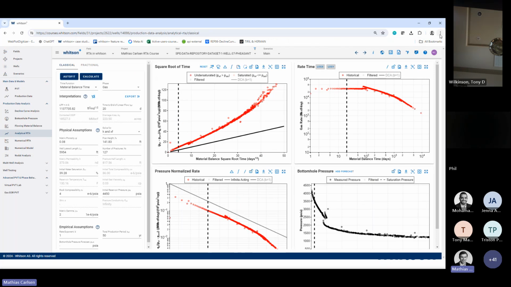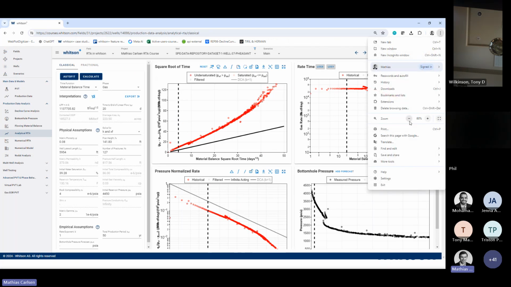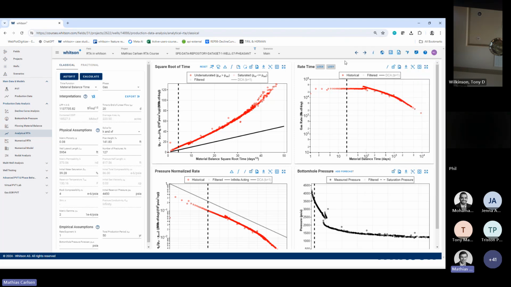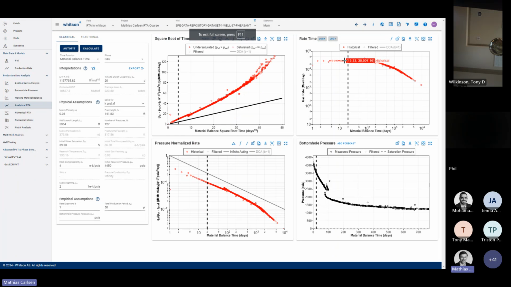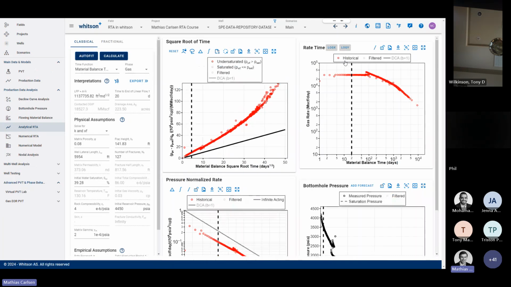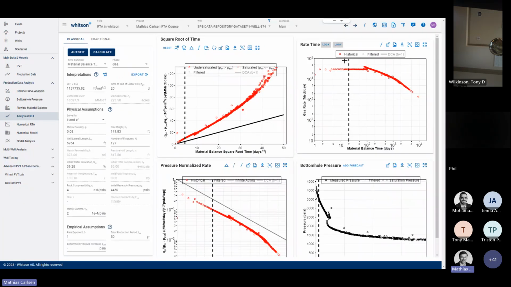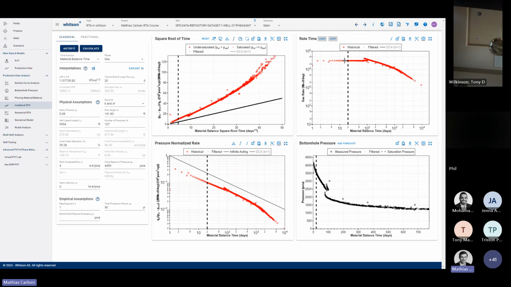Make sure that your zoom is probably set to 80 or 70%, depending on how big your screen is. Your screen should look something similar to my screen. If you've zoomed in too much, it might start to look weird, like this. Make sure that you have something that looks like this.